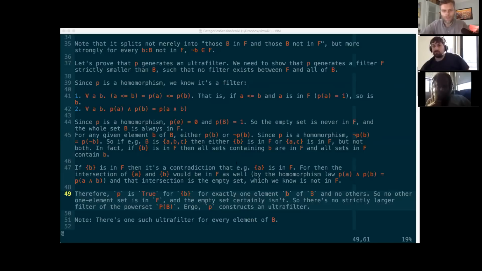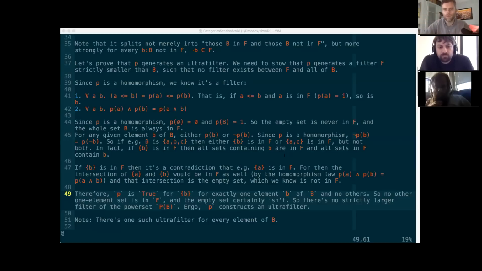Okay. So he's saying if it's closed upward, that means that if A is in the filter and A is less than B, that implies that B is also in the filter. So it's closed upward in the sense that for every element A, if it's in the filter, then everything upward of A is also in the filter.